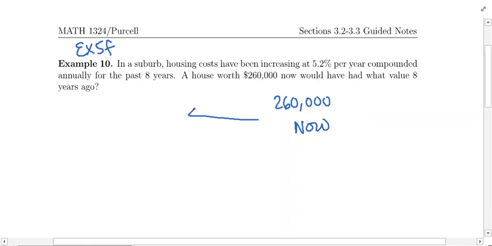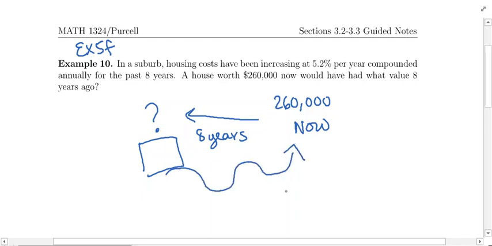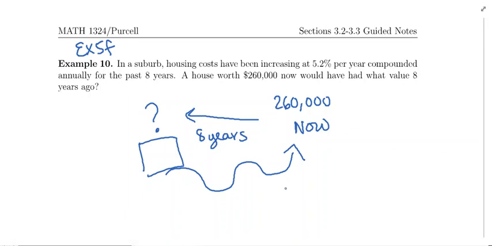So you're going back in time by 8 years, and you want to know the value of the house back then. Whatever the value of the house was, that was this one lump sum that has grown to now be a value of $260,000. Since it's this whole idea of one lump sum, that makes this a compound interest problem. So inflation will always be a compound interest problem.